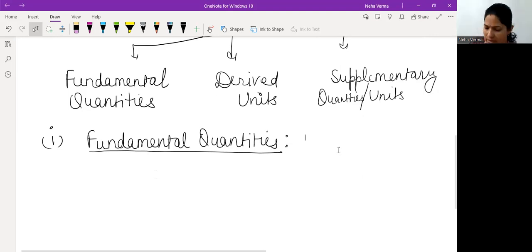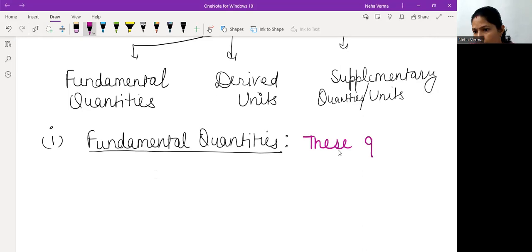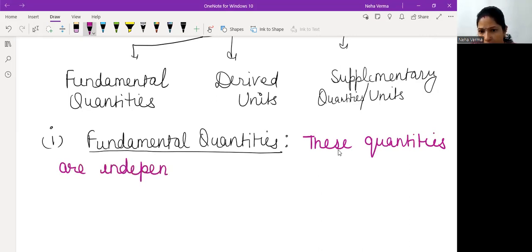Let's write here. So, these quantities are independent to each other.